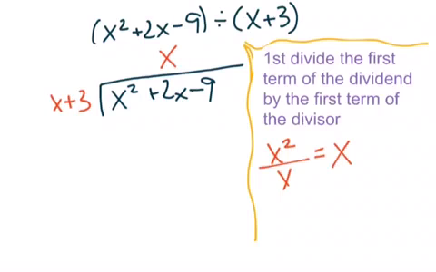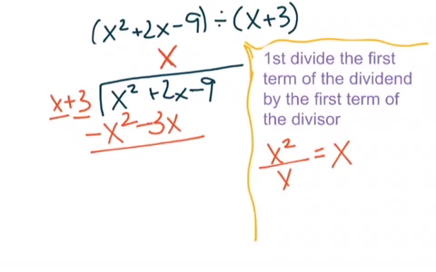Then the second thing you're going to do is multiply this x by the x and by the 3. So x times x is going to give us x squared. X times 3 is going to give us 3x. Now, you're going to subtract each term.